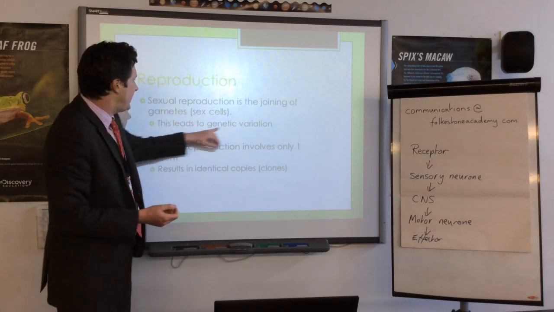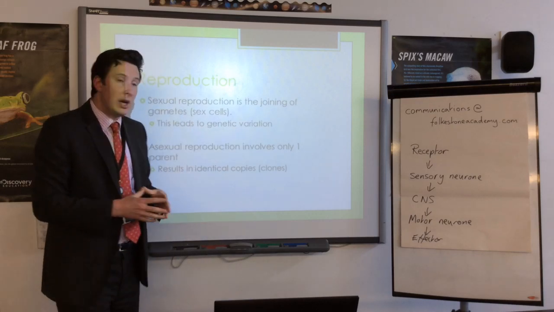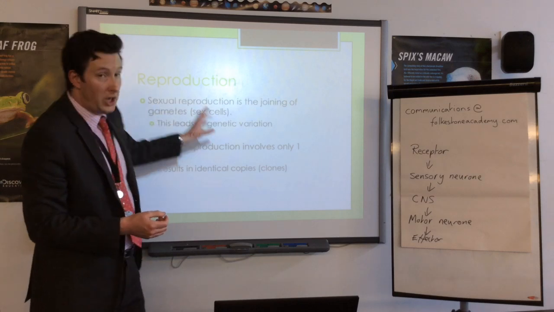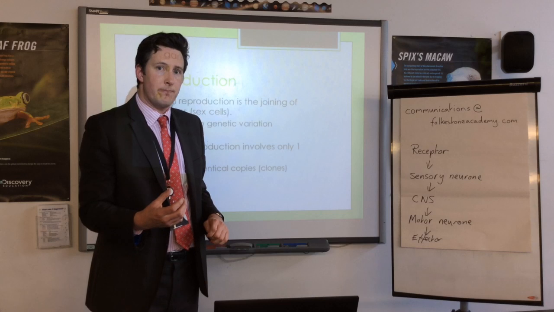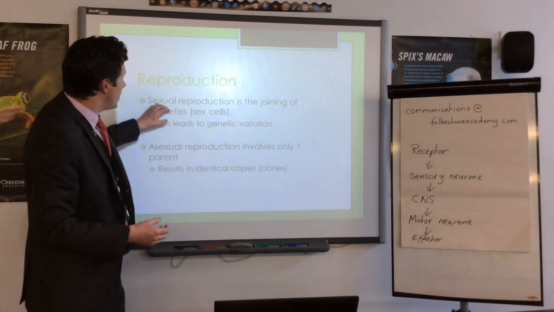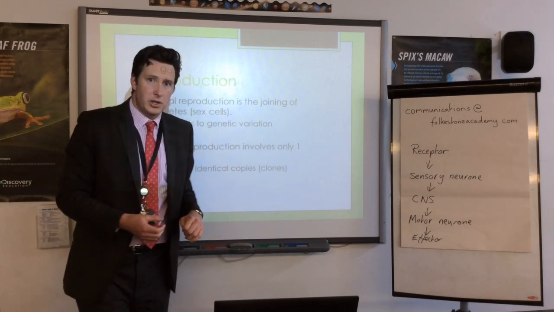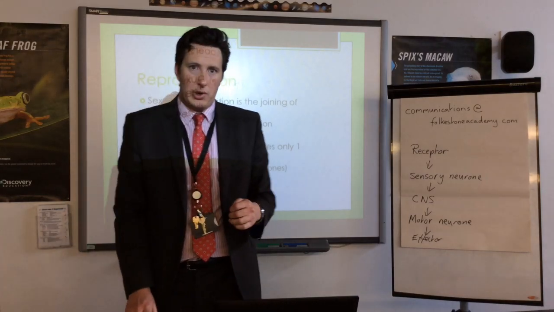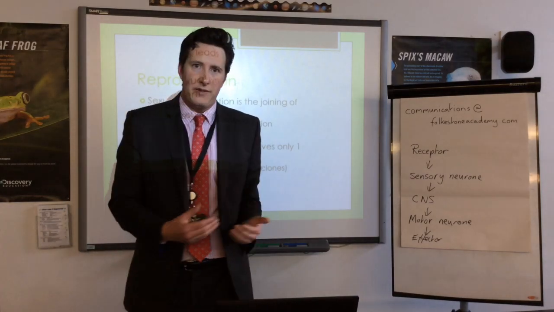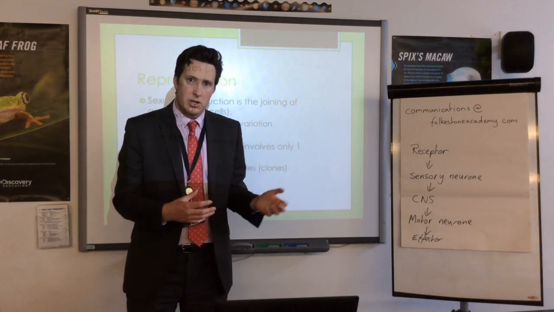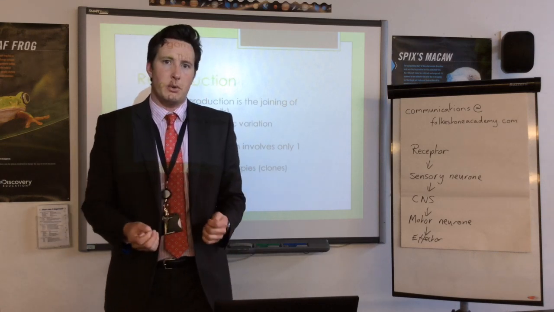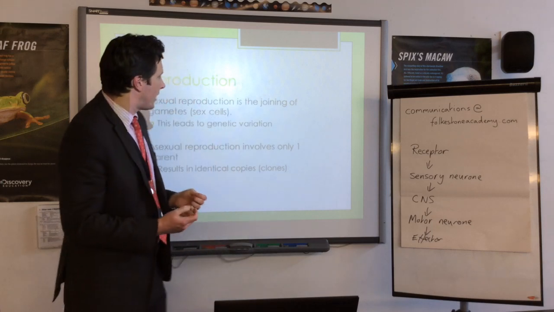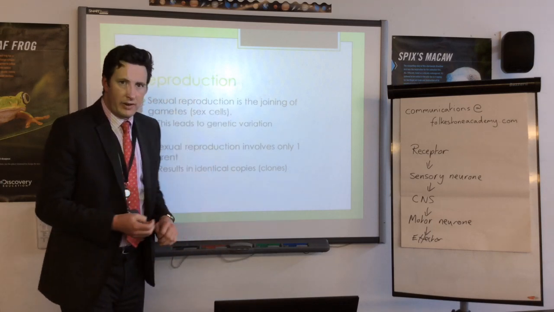So it actually leads to genetic variation, because half of the genes have come from the mother and half have come from the father. Okay? And because of that crossing over, it leads to variation. An advantage to this process is that that leads to evolution. Because of that variation, as I mentioned earlier in natural selection, it leads to species being able to evolve, to change over time. So that's actually an advantage.